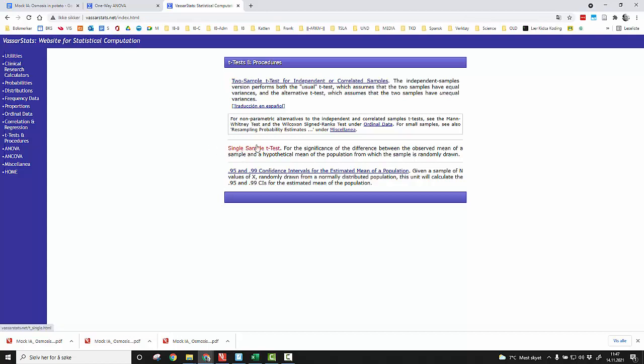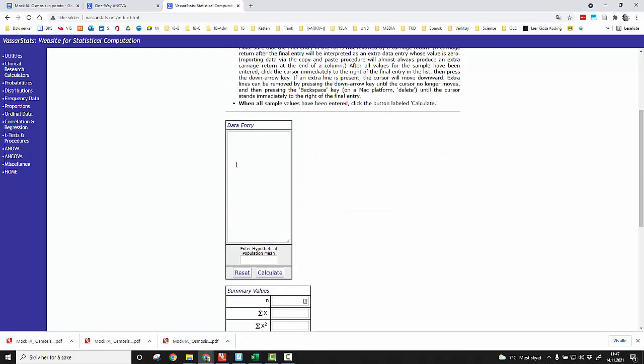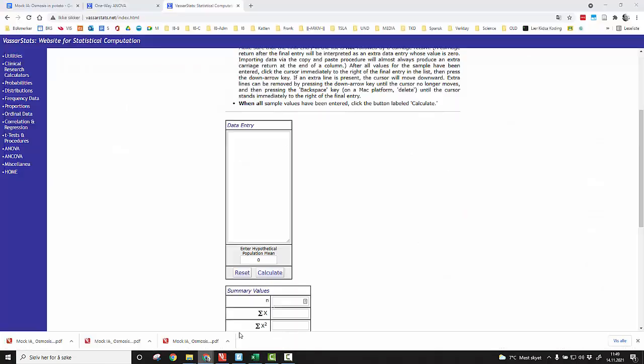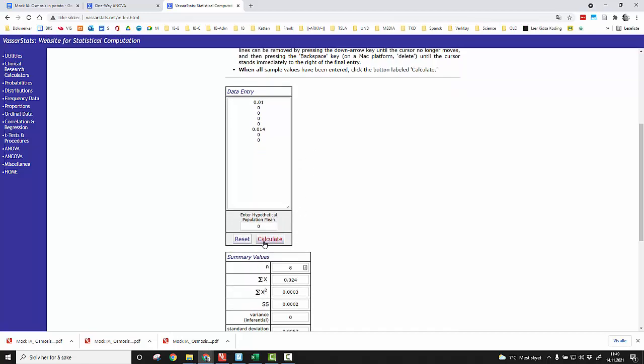And then we will use this single sample t-test. And here we can enter the 1% value and then the hypothesized mean of 0. So we go back to our values, and this is the 1%. We go to the single sample t-test value. We paste the data. We put in 0 here and we press calculate.